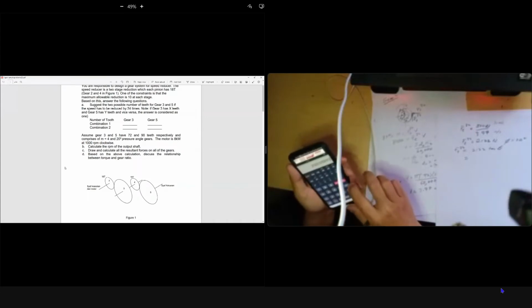So F radius 32 is 2122 tangent phi. So tangent 20 times 2122 gives 772.35 Newton.